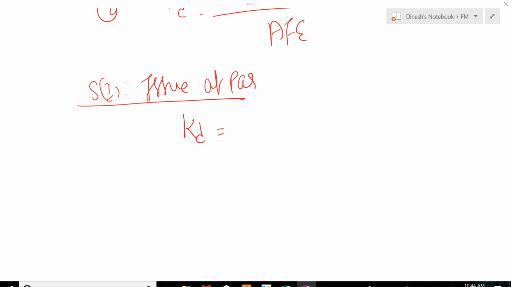What's the rate of interest? 12 into 1 minus 0.35 plus, what will be the redeemable value of the debenture? Anything given? No, so 100.